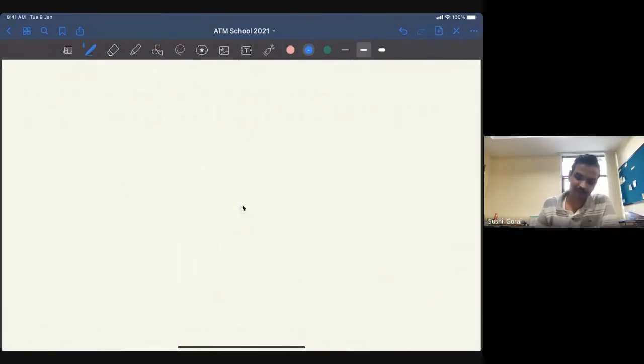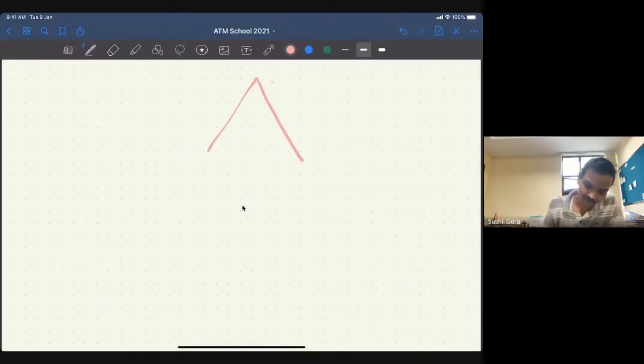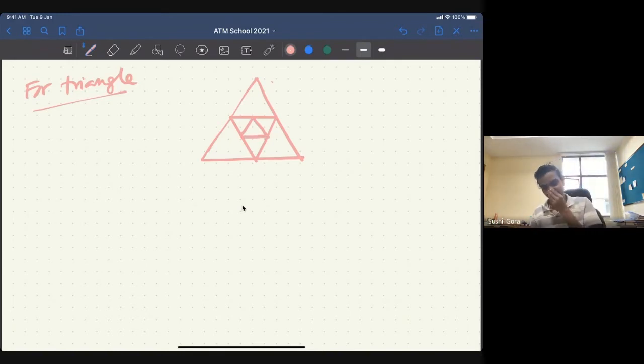So for example, what would you like to do for a triangular region? You would just divide like this, like this, like this, and go on doing this, like this.